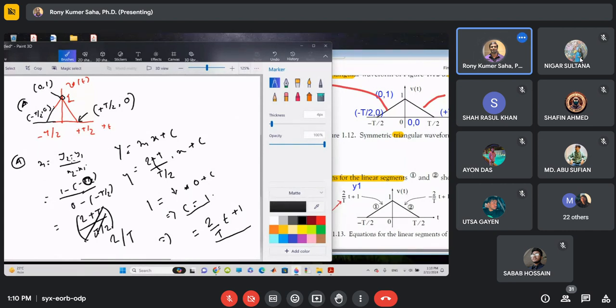Once you define these points, you know how to find the slope of this straight line.